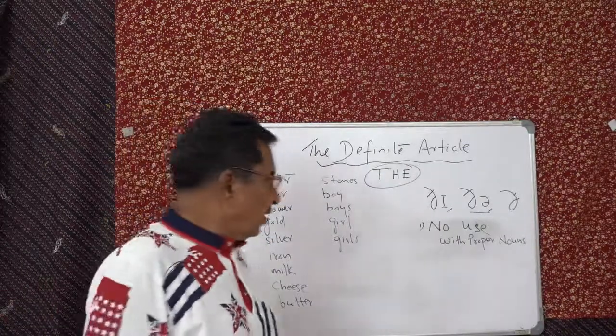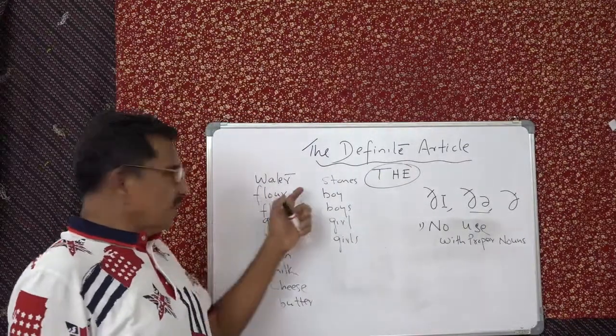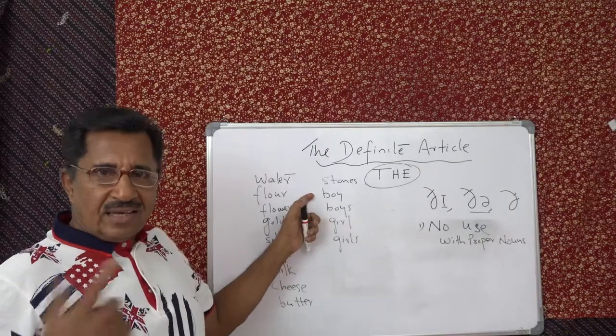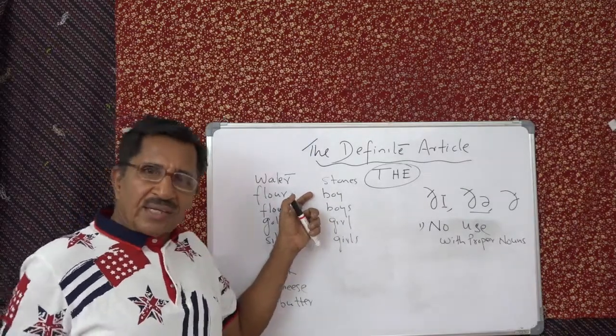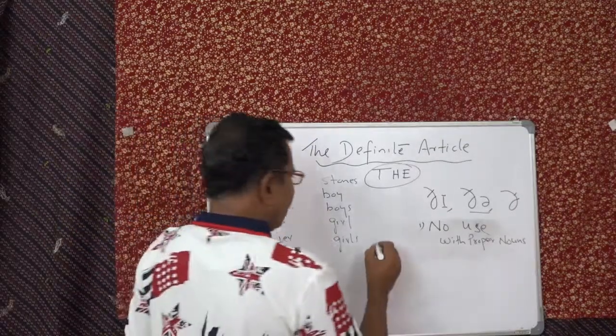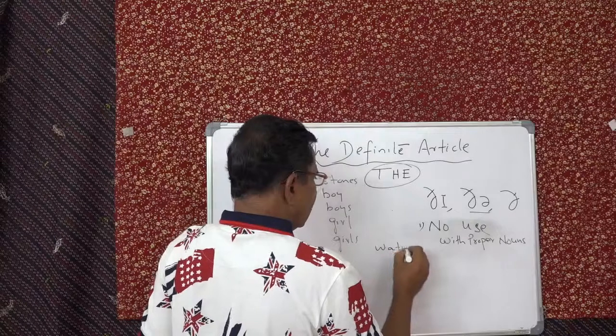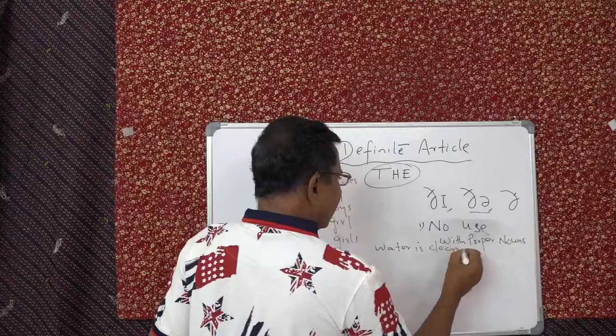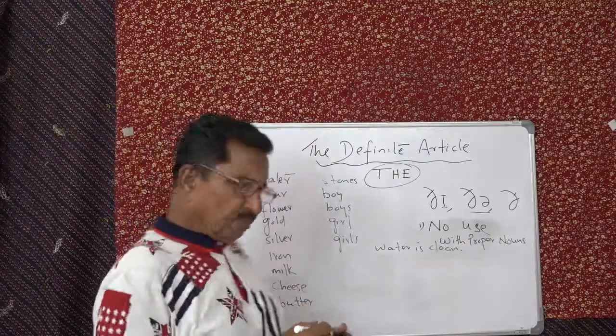Example. Otherwise, no. If you say water is clear, it's okay. See, example will tell you. Water is clear or clean, let's say. Water is clean.